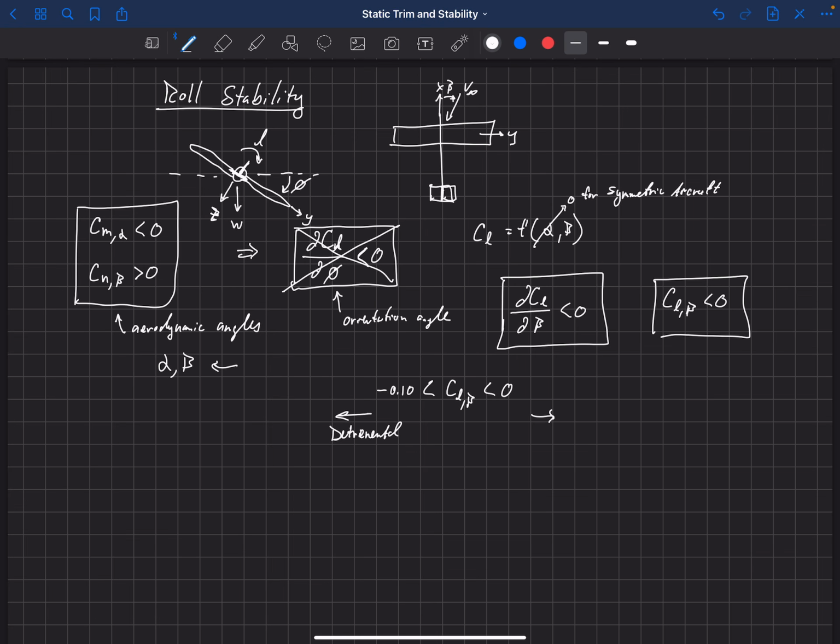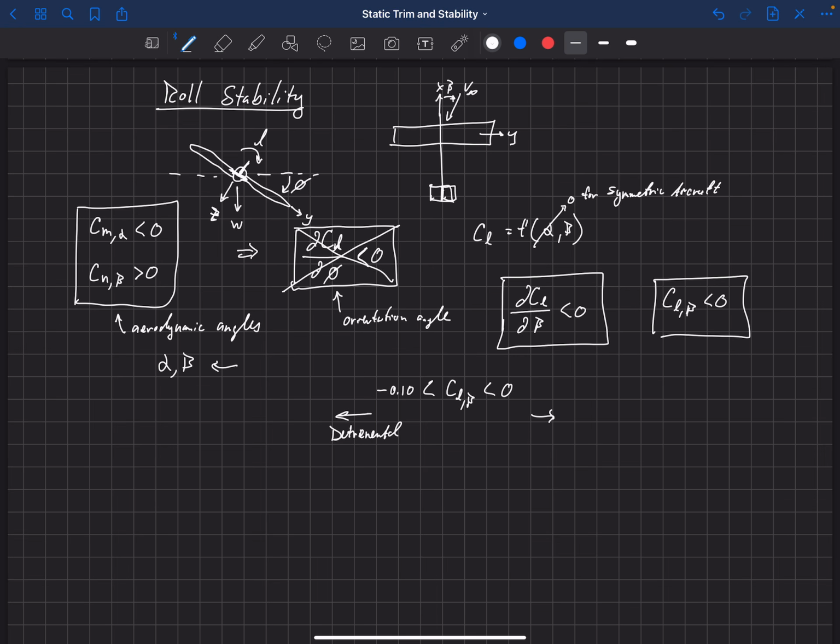And so we're going to be talking more about qualitatively what increases and decreases roll stability, not necessarily pointing out equations so much. Now, on the vertical tail, we actually can come up with an equation for estimating that, but for other things like dihedral and sweep, and we'll also talk about the influence of the fuselage or other stores on the aircraft or on the wing, those types of things we're going to be talking about more qualitatively, and you'd have to run high fidelity simulations or wind tunnel tests to measure the effects of those to higher accuracy.